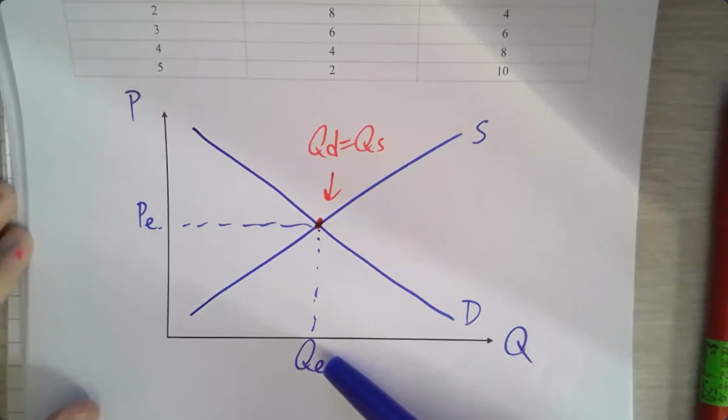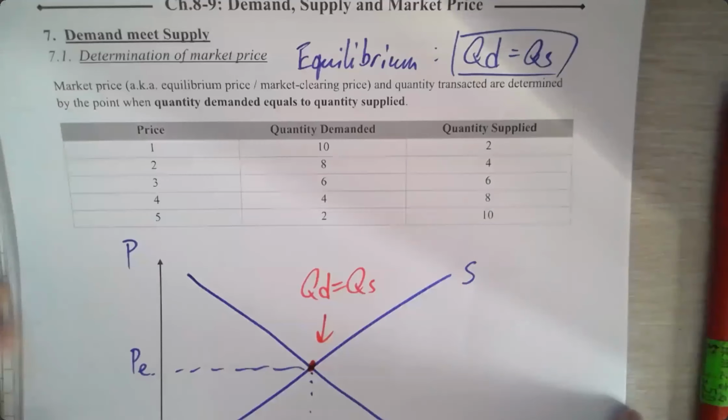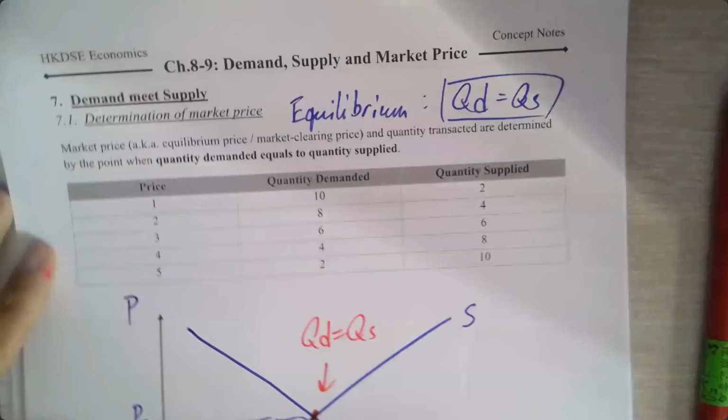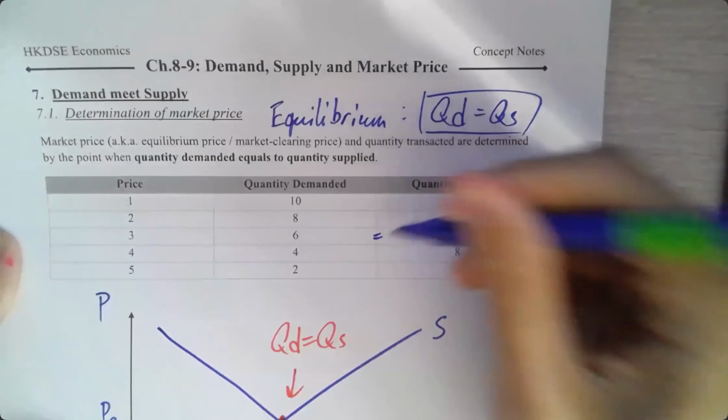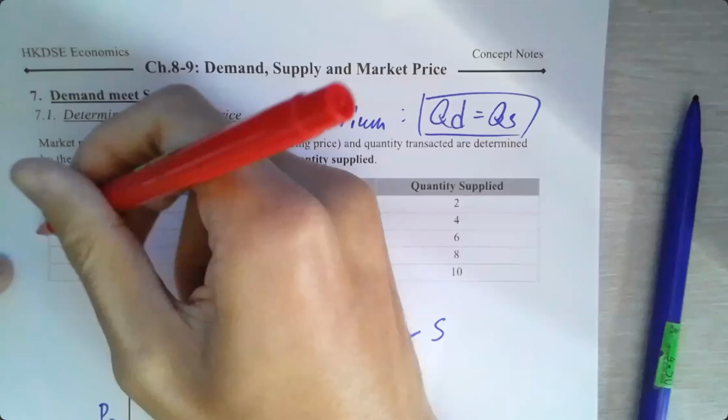or quantity transacted, okay? Now, in a table form, it would just simply be the point where QD equals to QS will be here, this column.